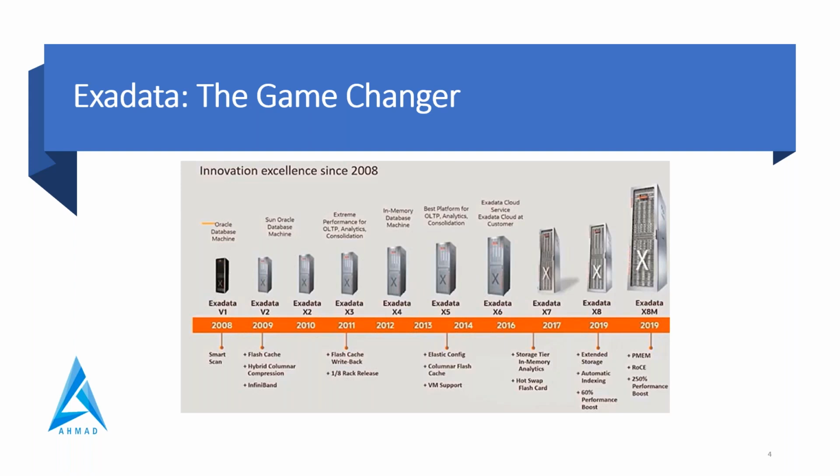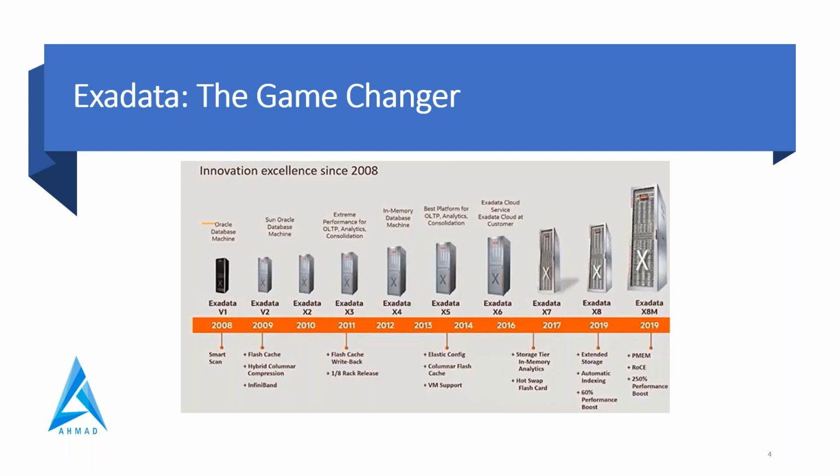Then in 2010, it introduced Exadata X2. Then in 2011, Exadata X3, which had flash cache write back and 1/8 rack releases. So that was the feature in X3. And then Exadata X4 was introduced in 2012.